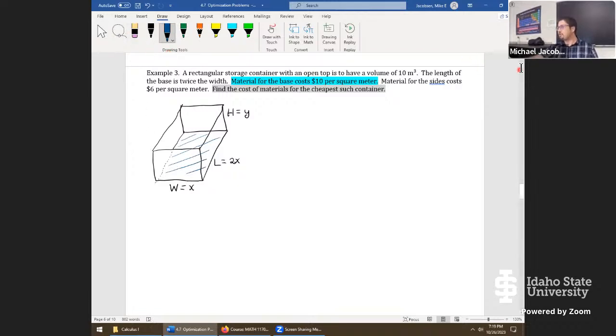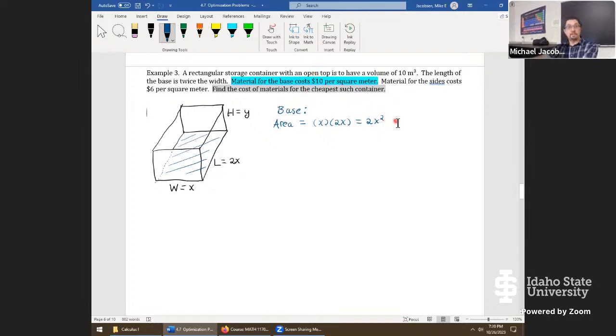It's $10 per square meter. First thing we should find is the actual area of this thing. So for the base, the area is going to be the width times the length, so it'll be x by 2x, or 2x squared. So now that we have the area, we'll just multiply it by $10 per square meter.